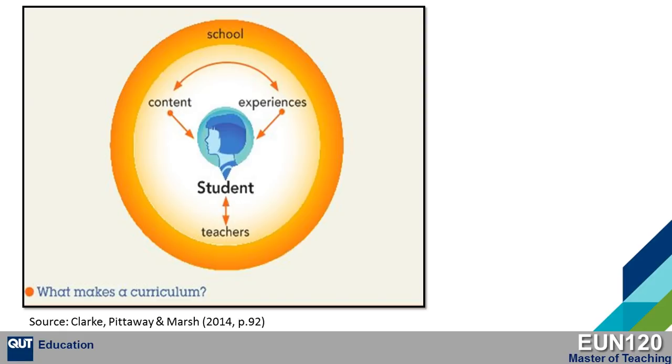What can be seen from this diagram is that content and experiences are planned and learning happens through exchanges or communication between both teachers and students as they engage in certain tasks and activities over a period of time in the school context. However, does this definition go far enough?